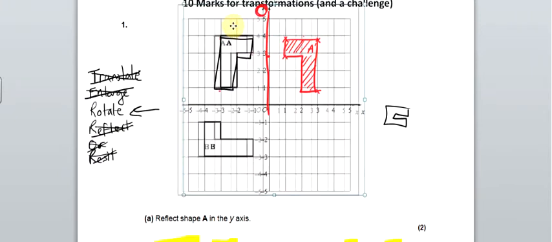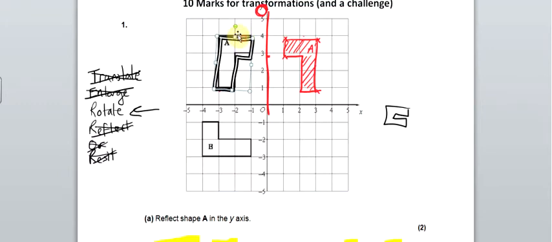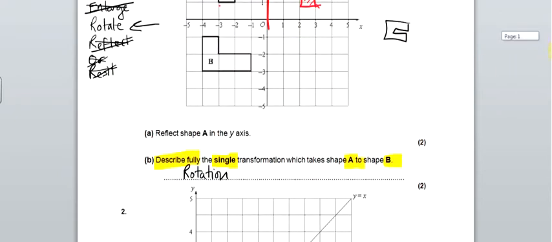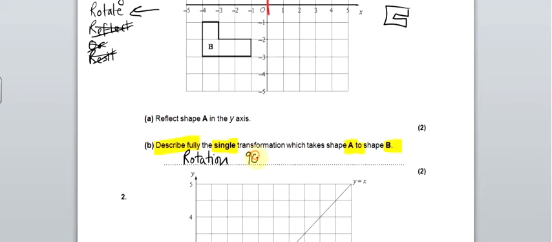Here we go. My aim is obviously off tonight. There we go, right. So it's a 90 degree, that's a quarter turn, isn't it? So it's a quarter, a half turn, 3/4, and then a whole turn. So this is a quarter turn, so 90 degrees, and it's that way, and that is anti-clockwise. So 90 degrees, anti-clockwise.